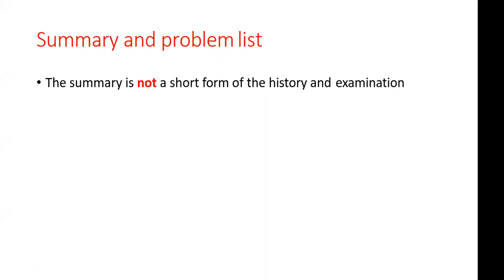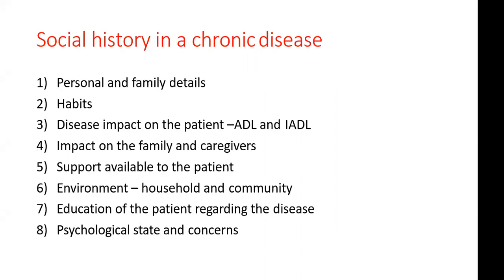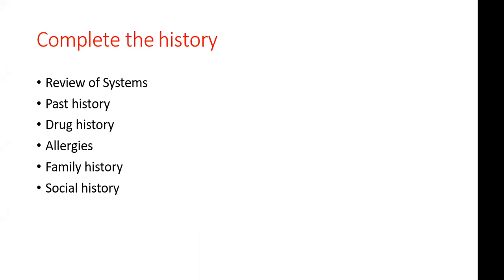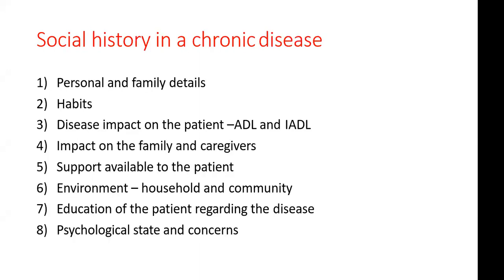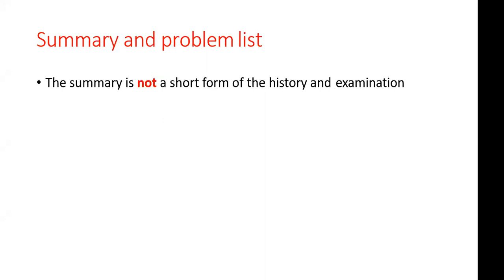Then the element is to focus a little bit more on the chronic disease and on how to optimize the management. For that, you need all of this information, 9 points there, and also a little in-depth social history as well. Okay, fine. Now we come to the last part.